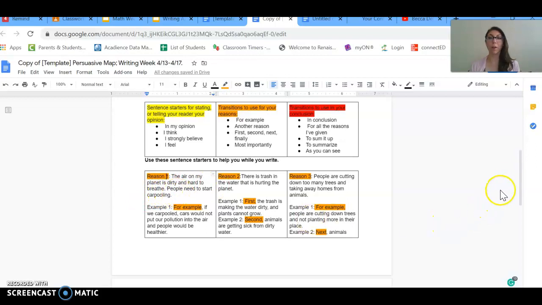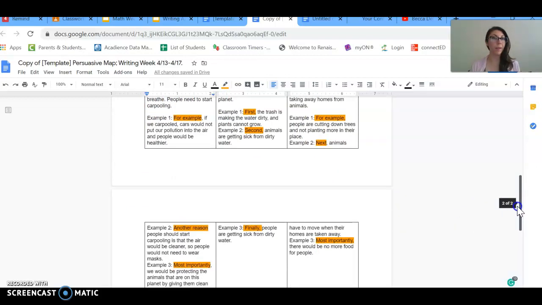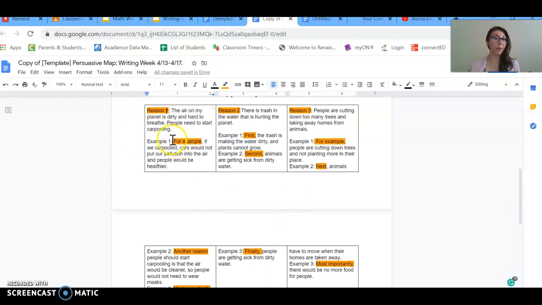People need to start carpooling. Your examples here are proving your reasons. So what your examples are doing is they're talking a little bit more about your reasons and making your readers think about what they're doing wrong and what they can fix.